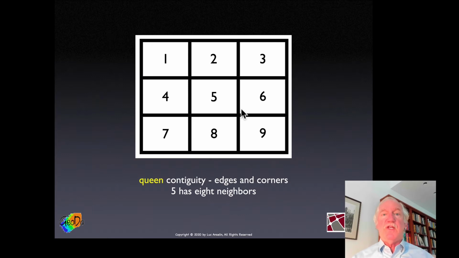Now, what's the difference here? With the rook and the bishop, we had 4 neighbors on a regular grid. With queen definition, we have 8 neighbors. So the number of neighbors changes with the definition of contiguity. That's something that you don't have in time series. In time series, if you're one period behind, there's only one way to define that. Here, there's multiple ways to define the neighbor relation.